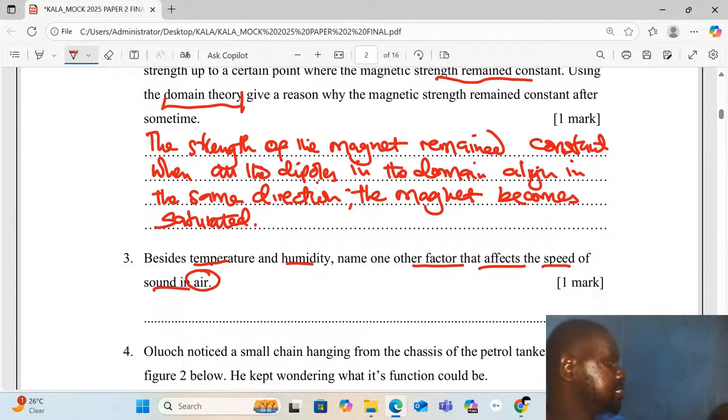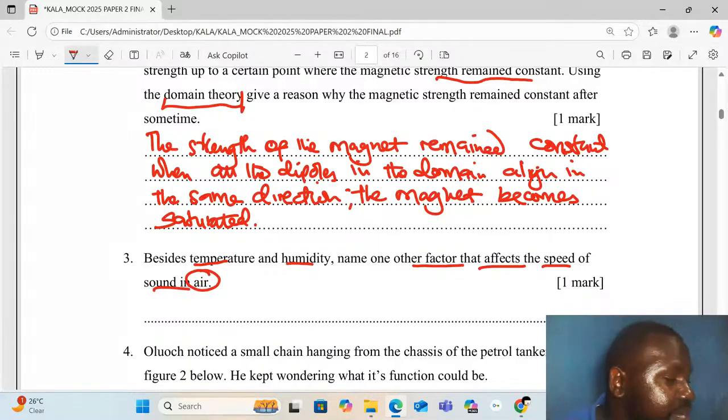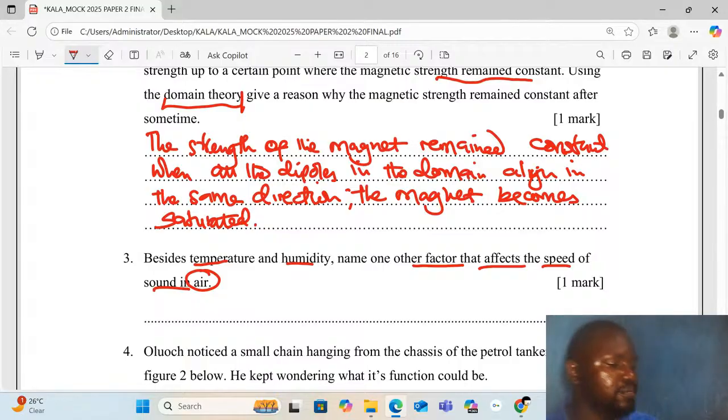We have a certain section which is very key because we are talking of sound in air. So the medium here is very categorical. We are talking of air. You need to be very careful as you list your factors, because when it comes to liquid, gaseous, and solid forms, we may not have common parameters or factors.